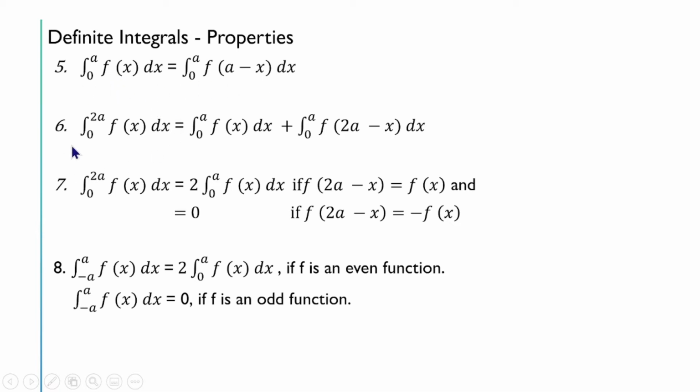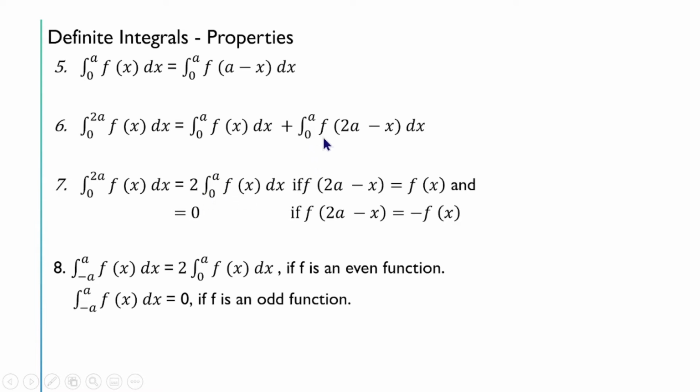Then the next property, integral 0 to 2a f of x dx is equal to integral 0 to a f of x dx plus integral 0 to a f of 2a minus x dx. Now if we have f of 2a minus x equal to f of x, then we have integral 0 to 2a f of x dx equal to 2 times integral 0 to a f of x dx.